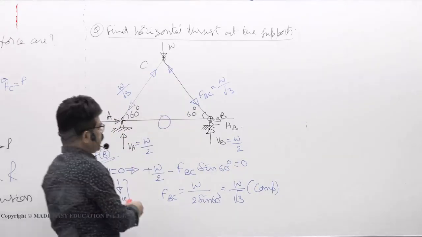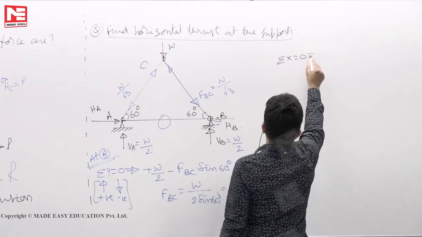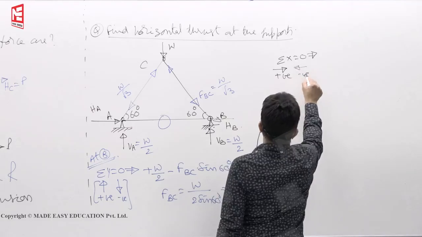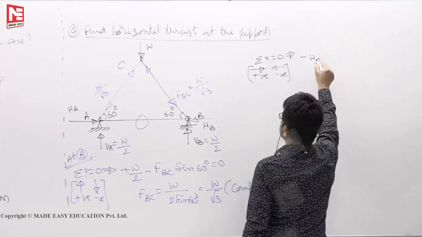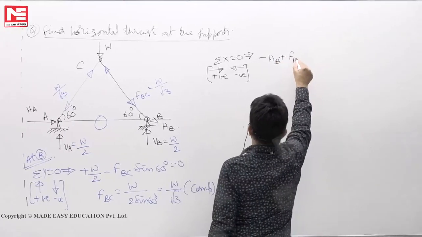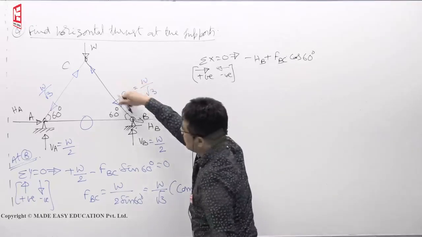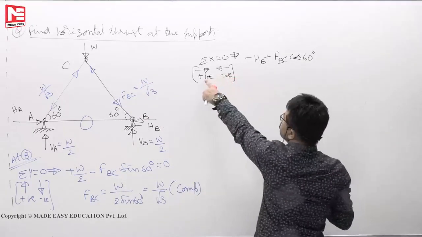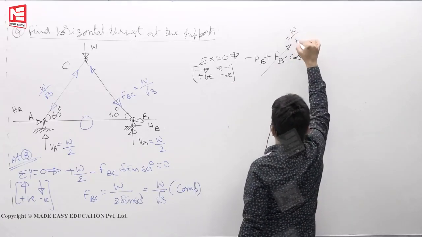Now you can use sigma x equals 0. If you write sigma x equal to 0, with right side force positive and left side force negative, then minus HB plus FBC cos 60. See, FBC is acting downward to the right, so right side forces mean positive. FBC cos 60, its value is W by root 3.